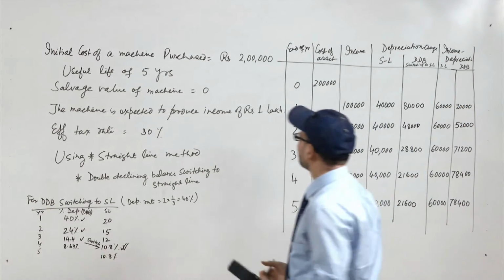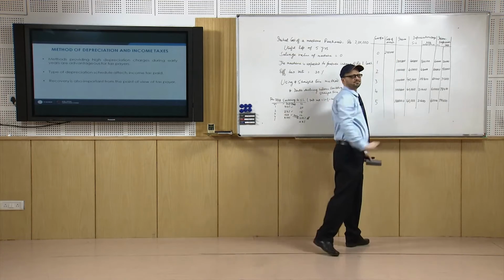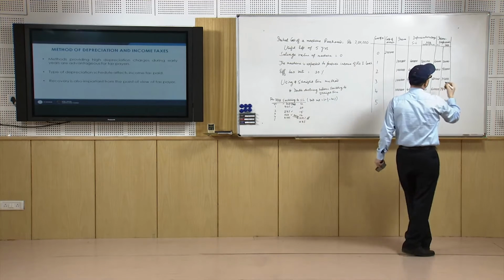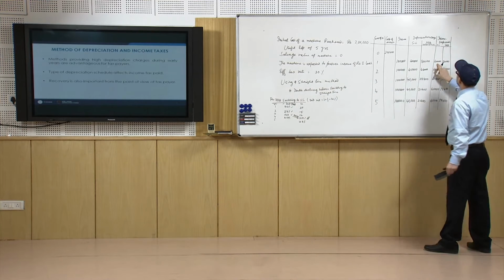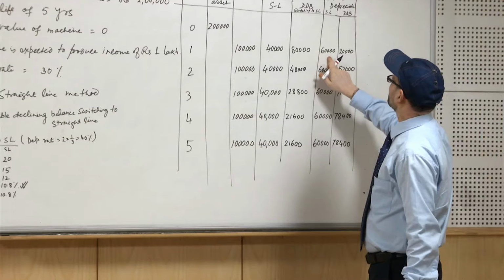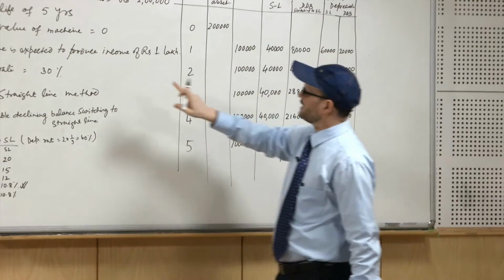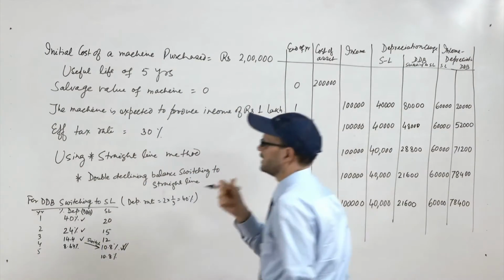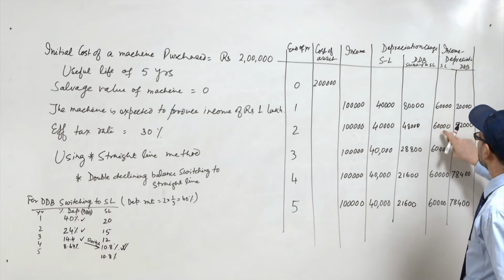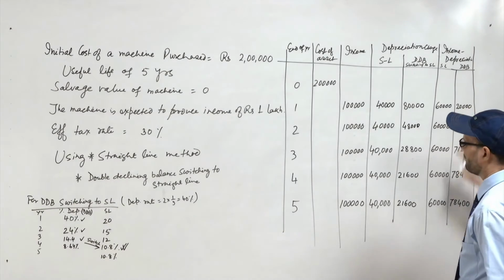So, what will be the tax that will be paid by the person? Let us write the taxes. The tax which will be paid by the person using straight line, we have taken the effective tax rate as 30%. So, every year 18,000, and in this case you have different.